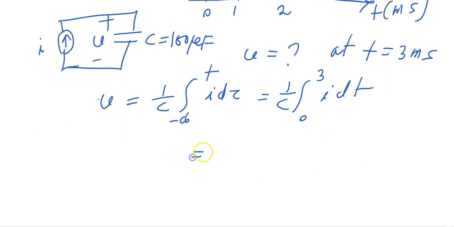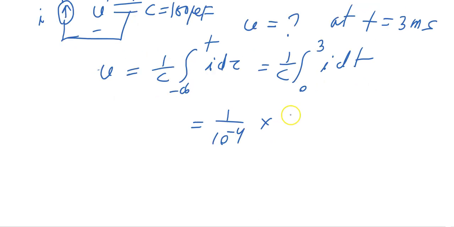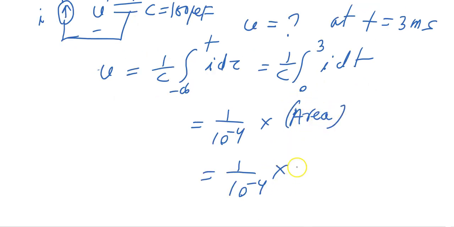which is 1 upon 10 to the power minus 4 into the area under the current curve. That area is the area of a triangle, half into 2 into 1 millisecond, plus the area of a rectangle, 2 into 1 millisecond.